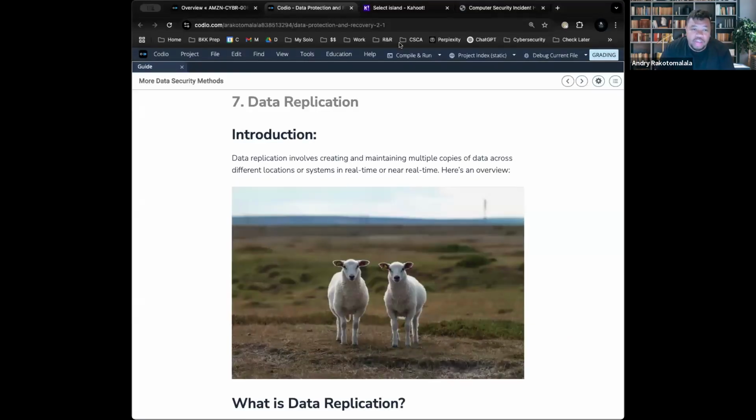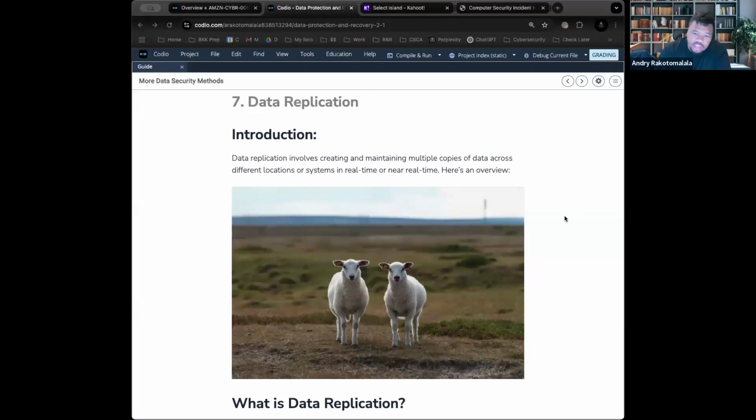Now, let's talk a little bit about data duplication. In very simple terms, data replication just means copying data from one place to another. The concept here is you want to copy the data in real time.